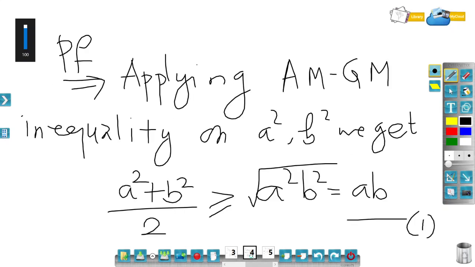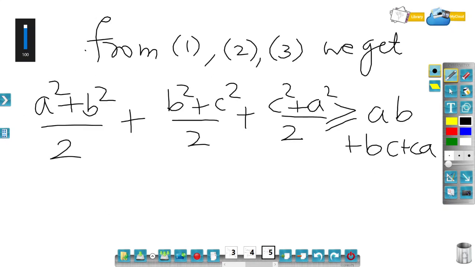Maybe I used the word multiply, but you have to add the inequalities 1, 2, and 3.